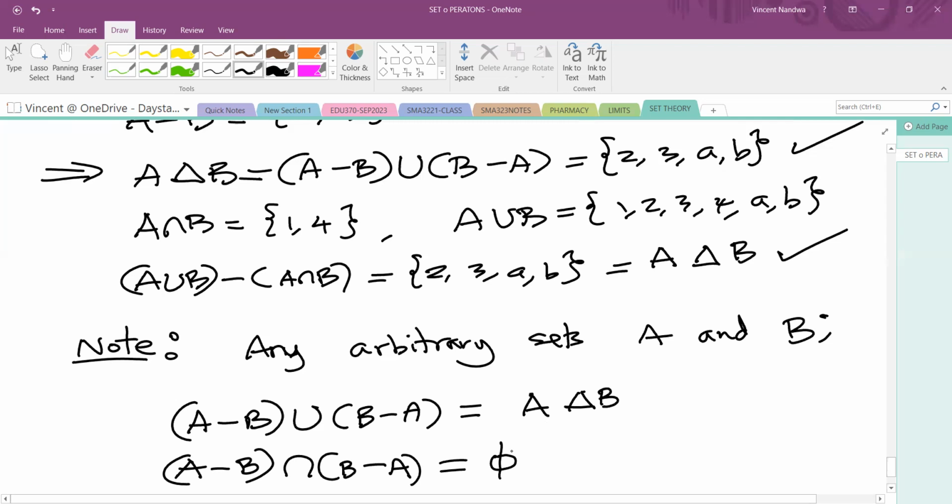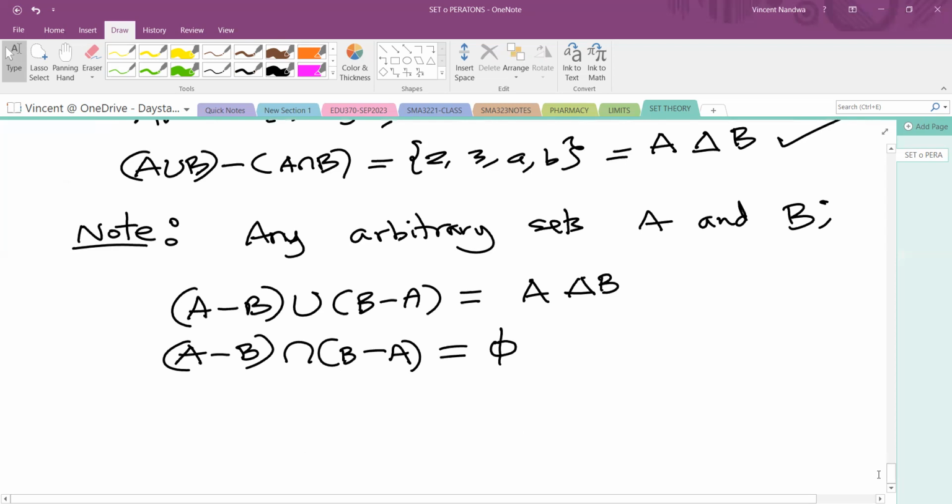So A minus B and B minus A will never have common elements, or simply the common elements are zero.